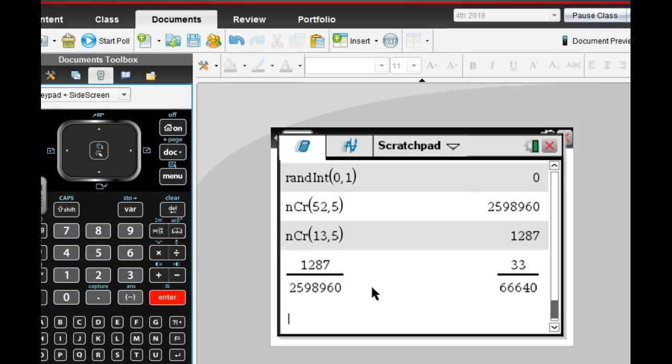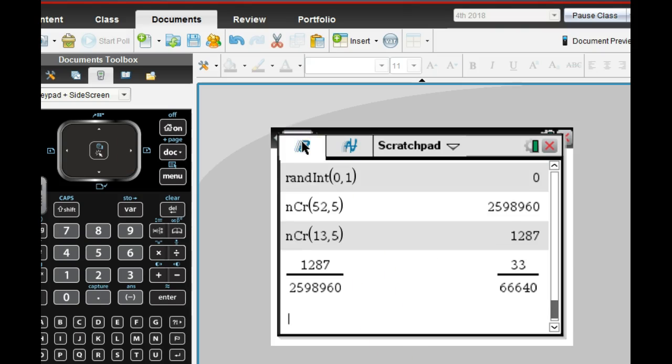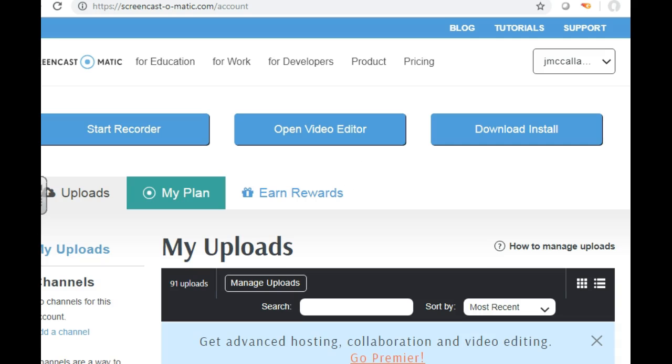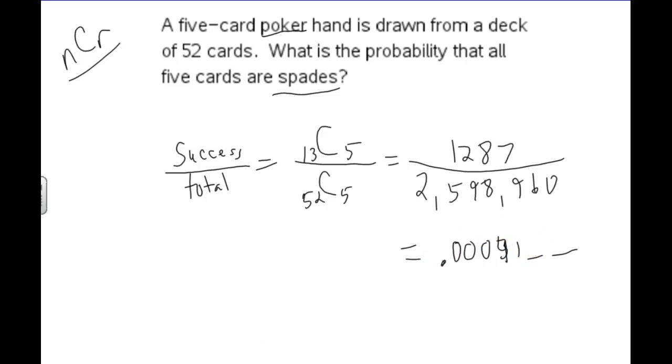Let's get the decimal there. So Control Enter, and we get 0.00495. That's what it was. So just over a 0.04% chance of that happening. It's not very likely for that to happen.